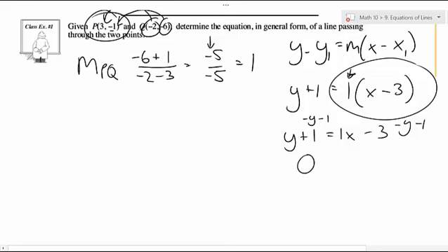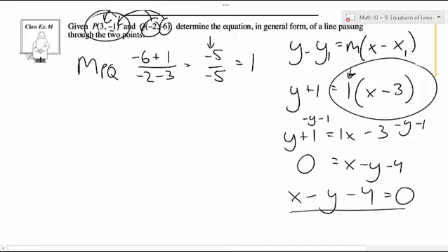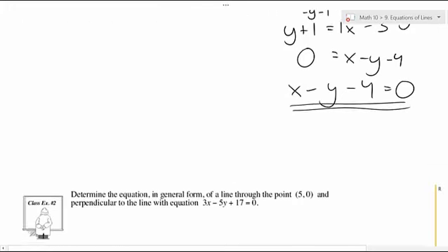That's going to give us 0. So now we have x minus y minus 4 equals 0. And we are done. We've got it in our general form.